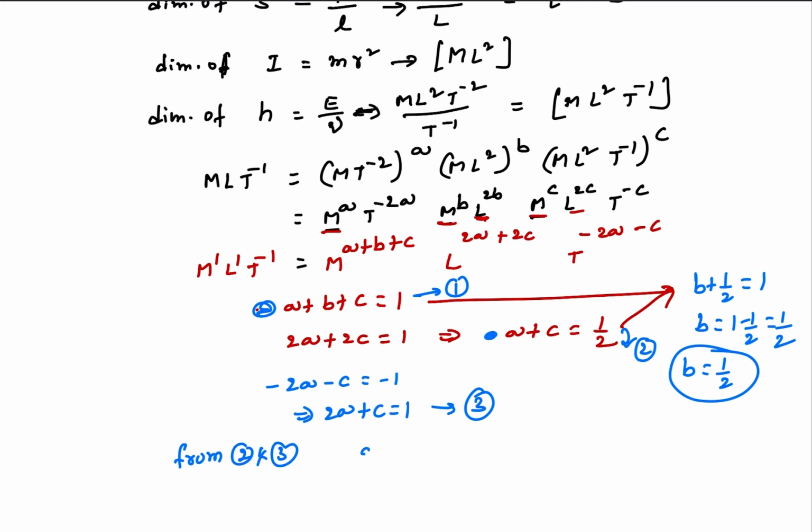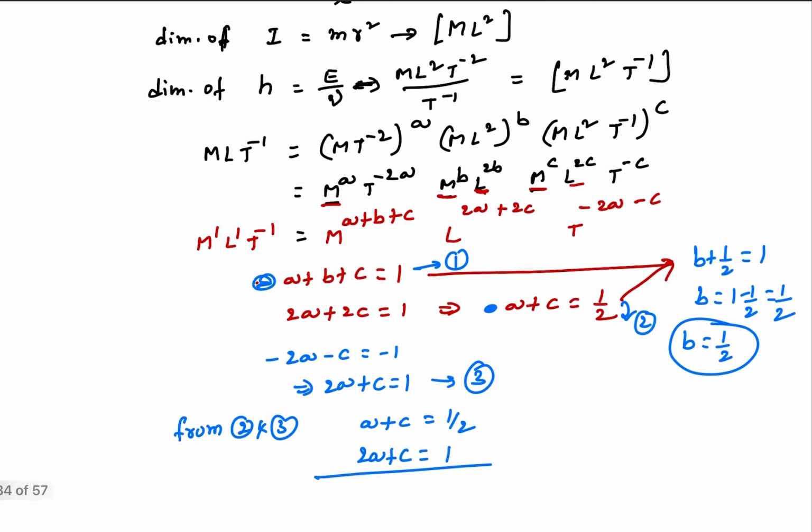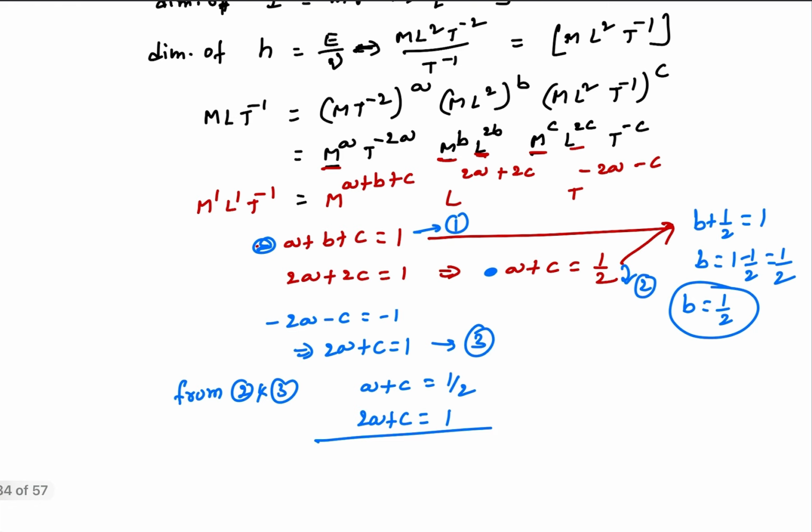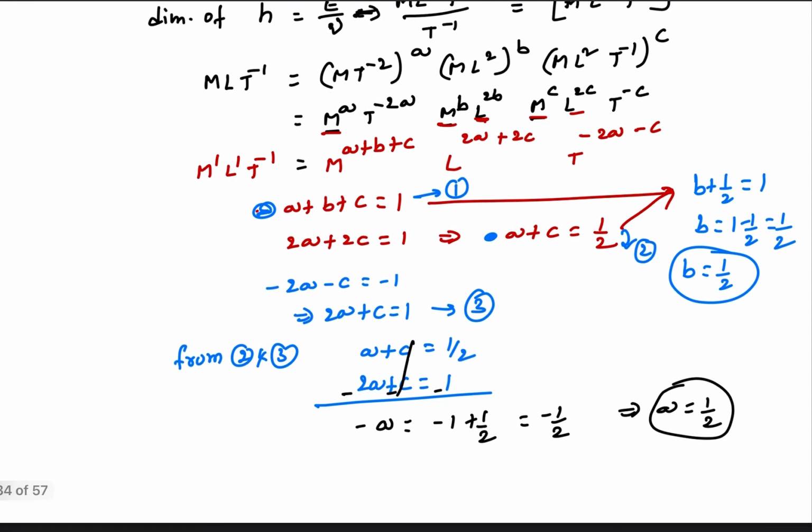From equations 2 and 3, you can write B plus C is equal to 1 by 2 and 2A plus C is equal to 1. If you do the calculation and subtract, C and C get cancelled. Minus B is equal to minus 1 plus 1 by 2, that is equal to minus 1 divided by 2.